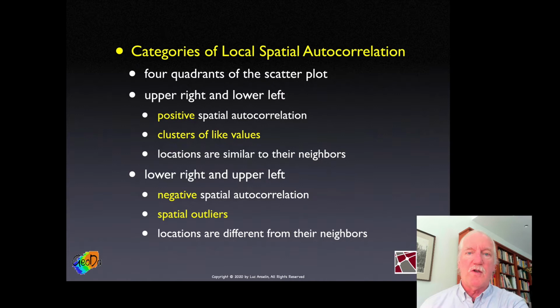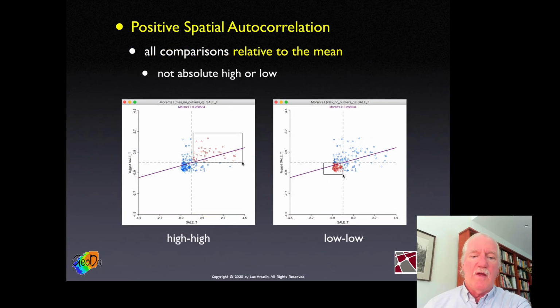So let's go back to our scatter plot and investigate these 4 quadrants a little more closely. So we have our four segments, so to speak. In this one on the left, these points are all above the mean. So they're on the right side of the mean, and their neighbors are also above the mean. And I refer to this as high positive spatial autocorrelation.